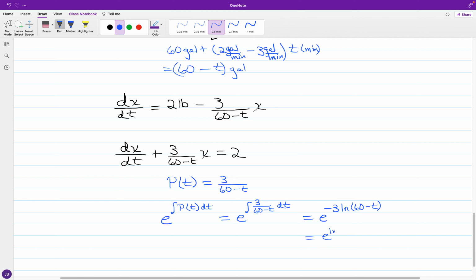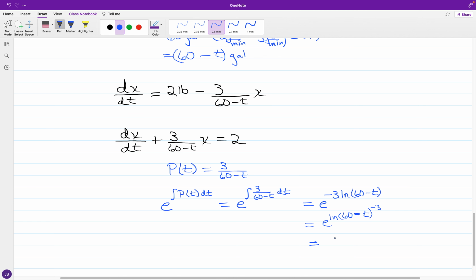So we have e to the natural logarithm of 60 minus T to the negative 3. And we're going to have 60 minus T to the negative 3. And we can also write this as the reciprocal of the cube of 60 minus T.